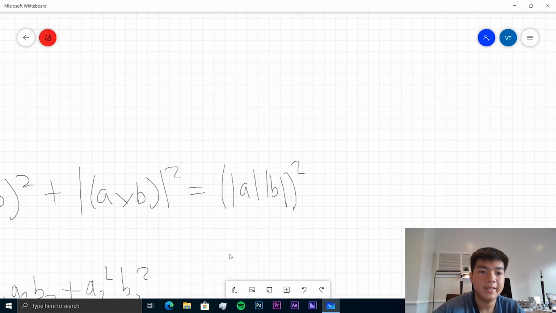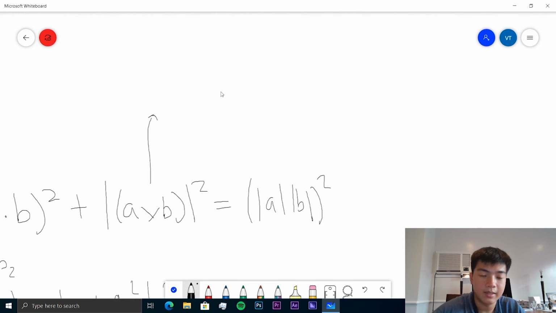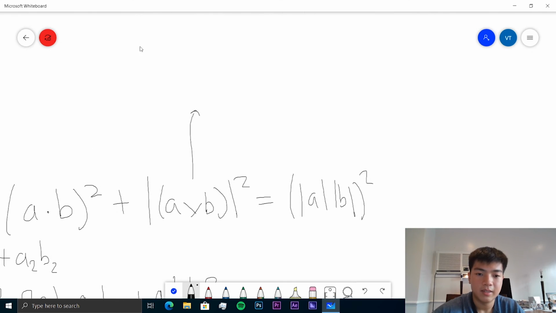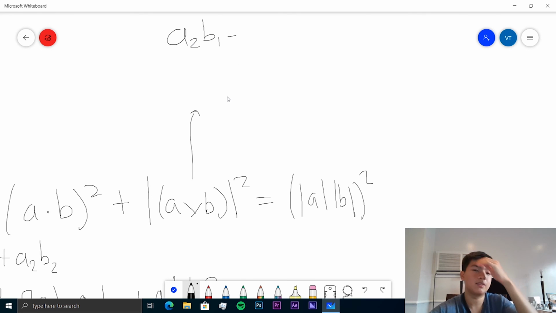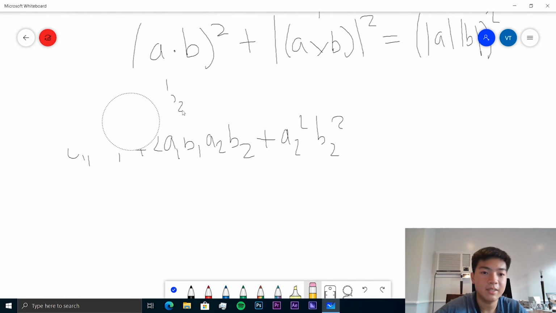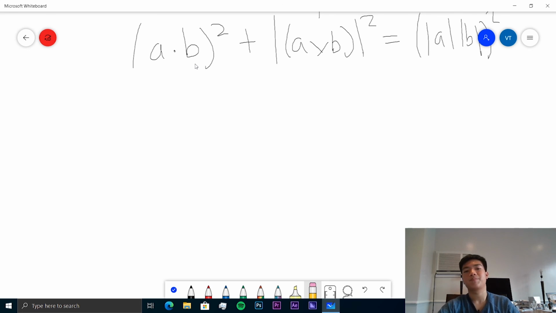Okay, a times b, or the direction of it, will be equal to a2b1 minus, oh, do we have to do this in 3 directions? Yeah, we have to. Oh, okay. Wait, there should be an easier way to do this then.